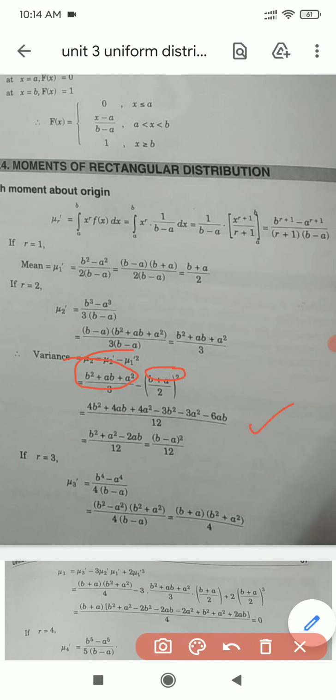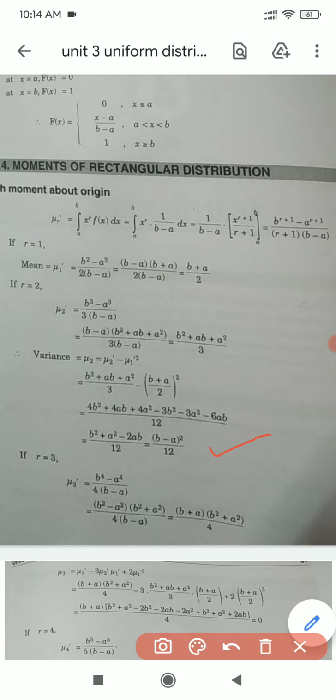We will get, after b square minus 3b square, it will be 4b square. Then 4a square minus 3a square will be a square. Then, students, 4ab minus 6ab will be what? It will be minus 2ab. Now the answer will be b minus a whole square by 12.